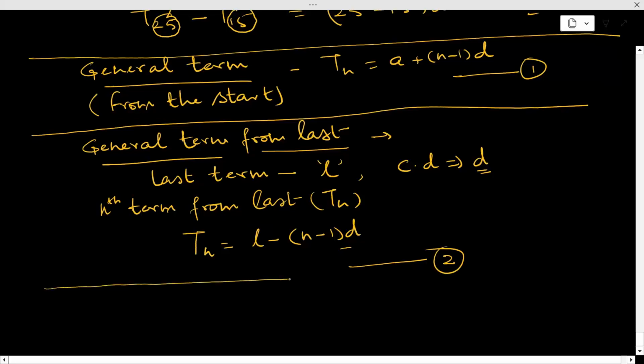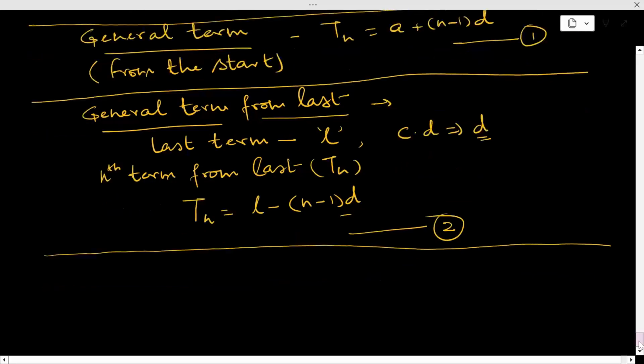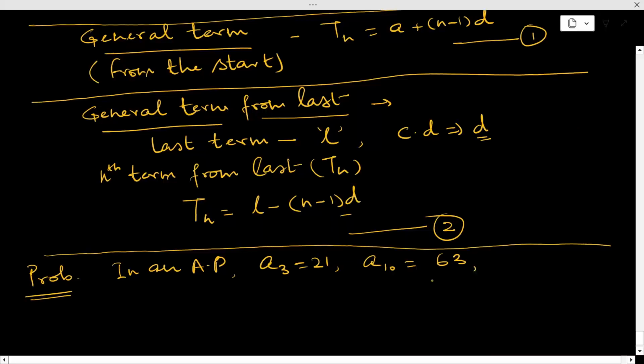So now let us have some more problems on this concept of general term. Let us discuss one more problem on this. We have an AP in which A3 is 21 and A10 is 63.